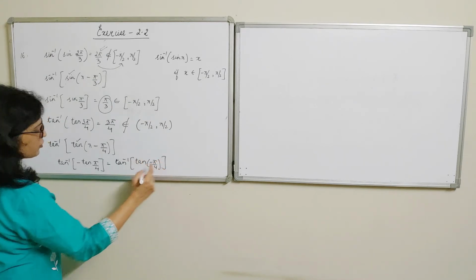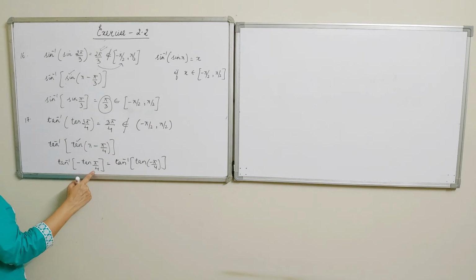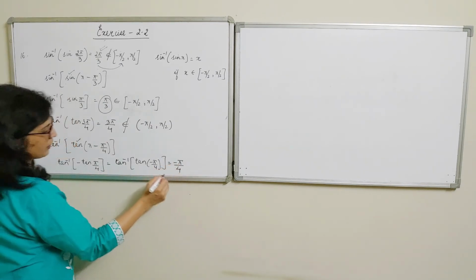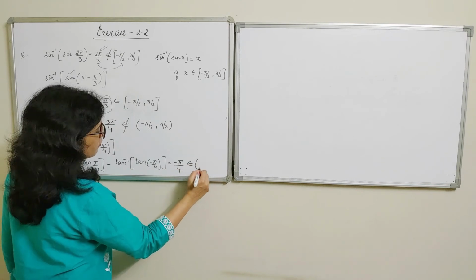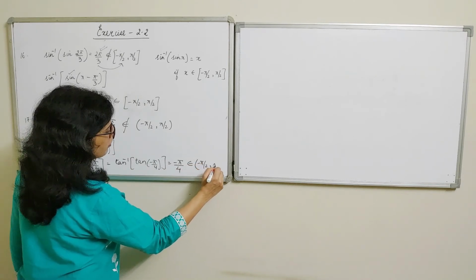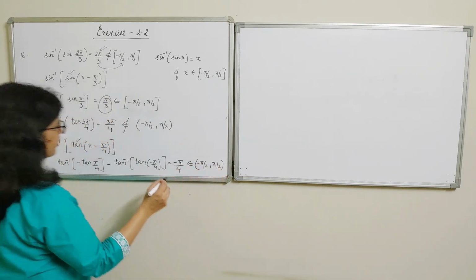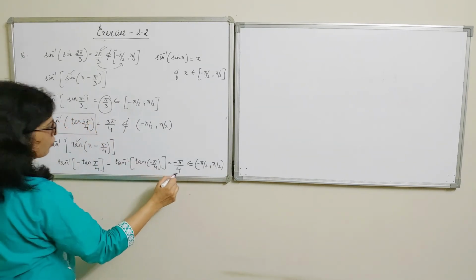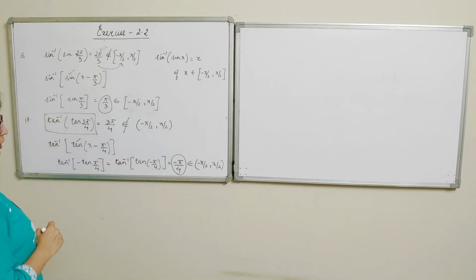We know tan (minus pi by 4) is the same as minus tan pi by 4. Now this angle, minus pi by 4, belongs to the principal branch of the tan inverse function. So tan inverse tan 3 pi by 4 has a value minus pi by 4.